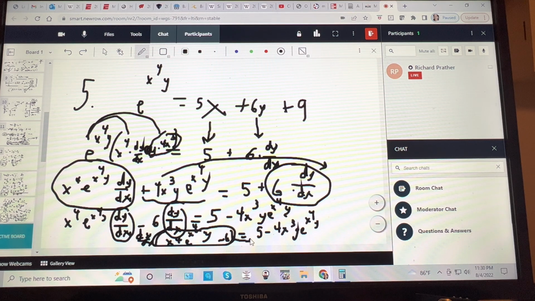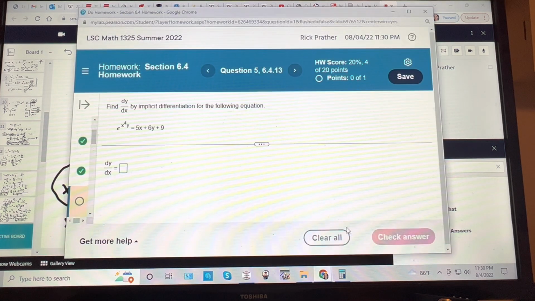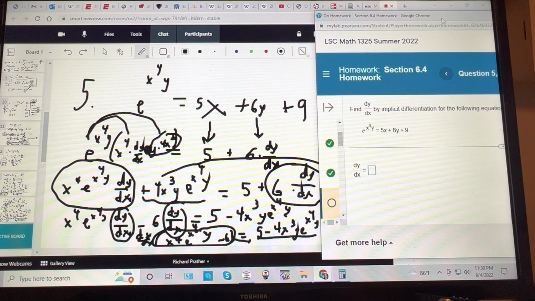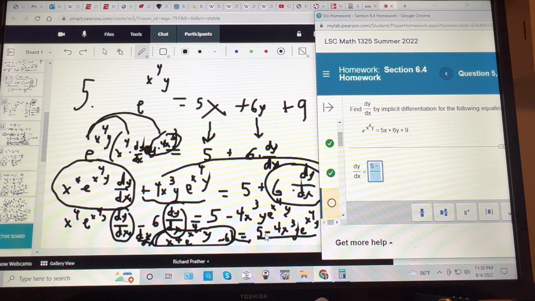I'm running out of room, so let me just do it like this. Place this where I can see it both at the same time. Okay, fraction. The numerator is 5 minus 4x to the third.